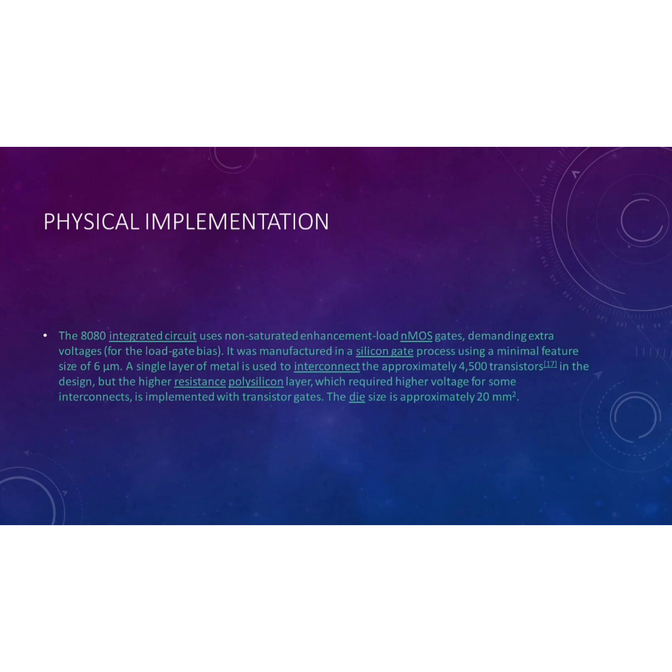Next, physical implementation. So Intel 8080 is an integrated circuit, and it demands extra voltages. It was manufactured in silicon gate process, used a size of 6 μm, and it has a single layer of metal that was used to interconnect the approximately 4500 transistors in the design.